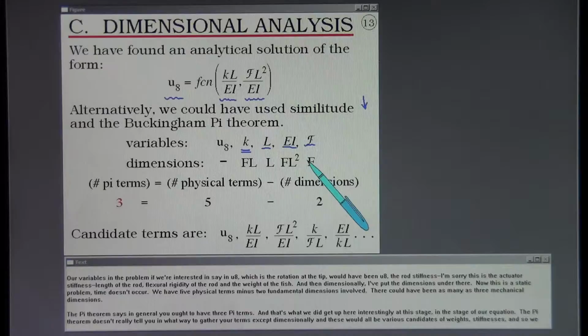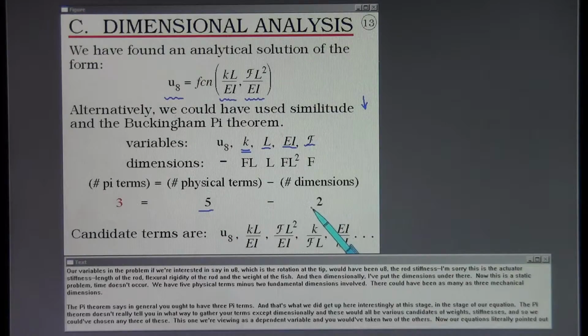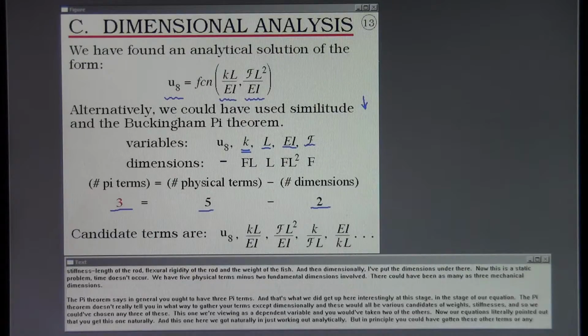Now, this is a static problem. Time doesn't occur. We have 5 physical terms minus 2 fundamental dimensions involved. There could have been as many as 3 mechanical dimensions. The pi theorem says, in general, you ought to have 3 pi terms. And that's what we did get up here, interestingly, at this stage of our equation.